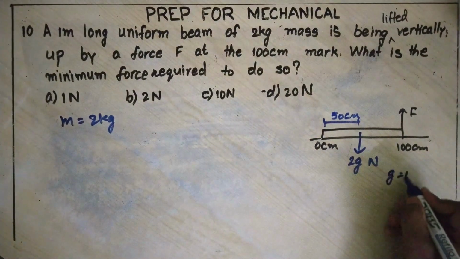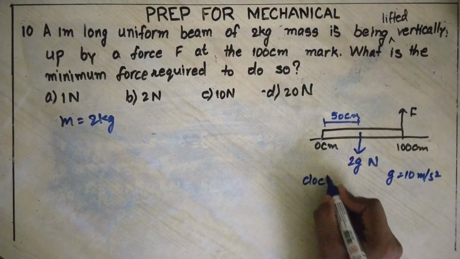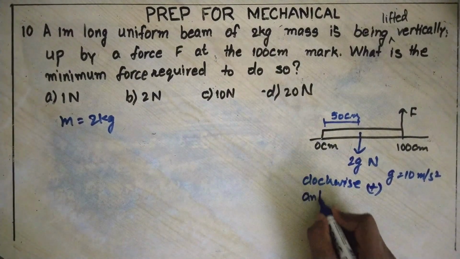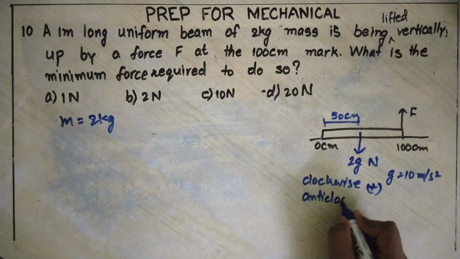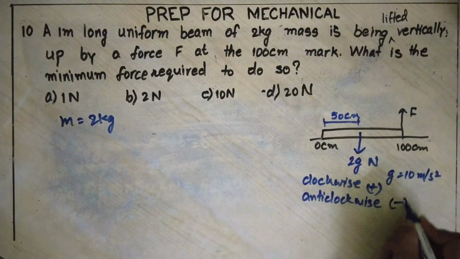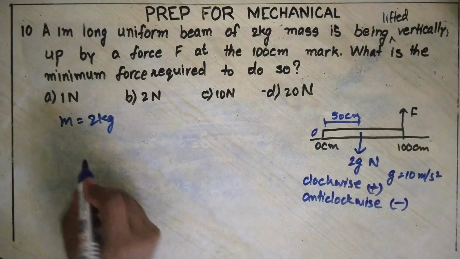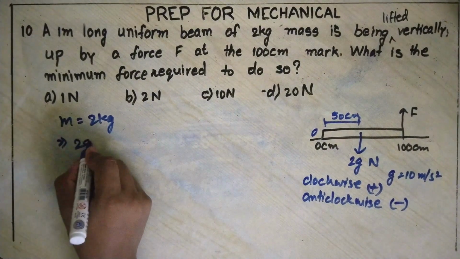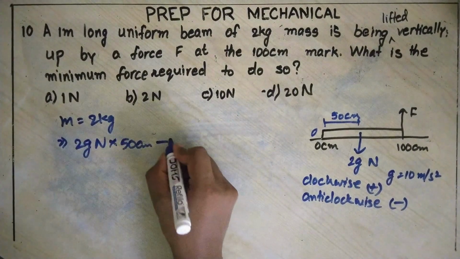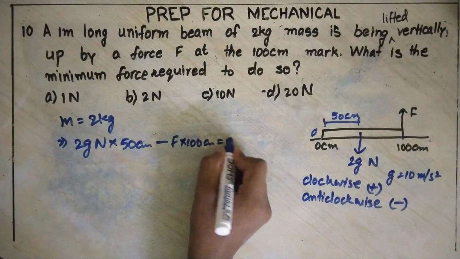We will take g as 10 meter per second square, and all the clockwise forces will be taken as positive and anti-clockwise forces will be taken as negative. By taking moment at O, we will get 2g Newton into 50 centimeter minus F into 100 centimeter equals 0.